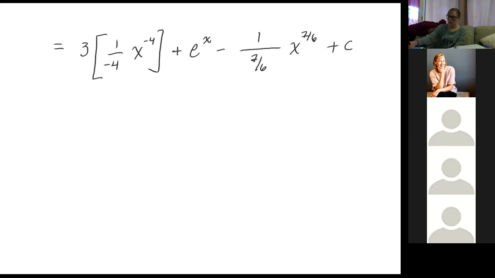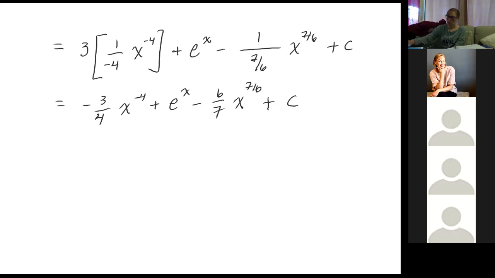I can do a little bit more. 3 times 1 over negative 4 is negative 3/4 x to the negative 4 power, plus e to the x, minus 1 over 7/6, which is 6/7, x to the 7/6, plus c.